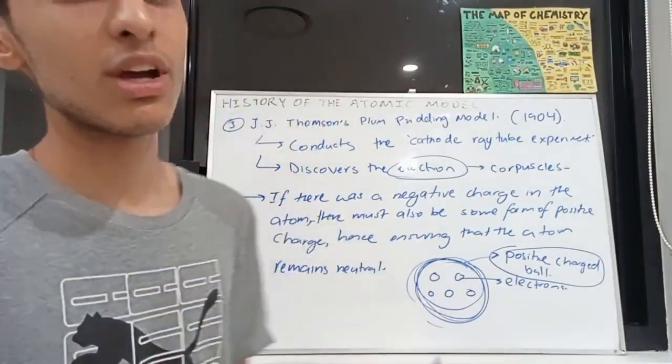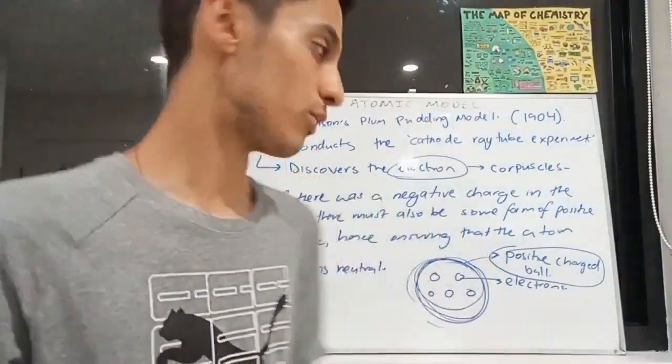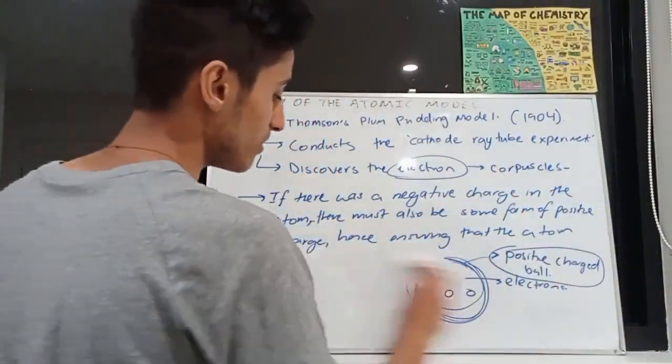Okay, and then after J.J. Thomson's plum pudding model came Ernest Rutherford's nuclear model, and this is where the gold foil experiment kicks in.